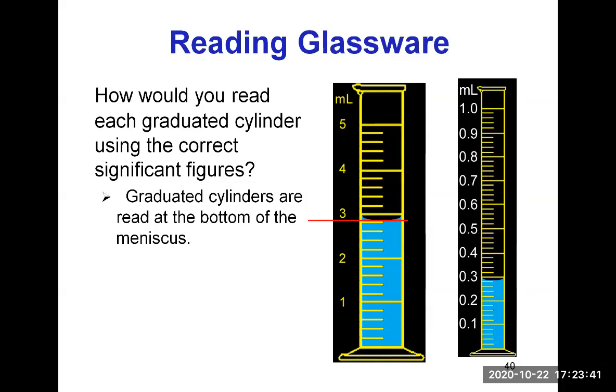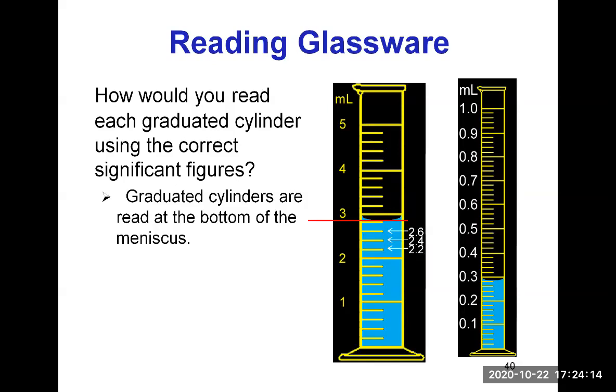So if we look at the graduations of this graduated cylinder, this line here represents 2.2 because the line below is 2.0 for sure, right? These are certain numbers. And then the line above, because you see that the space between 2 and 3 is divided by 2's, so above it's 2.4 and above it's 2.6.